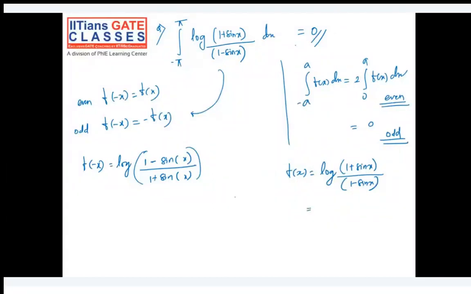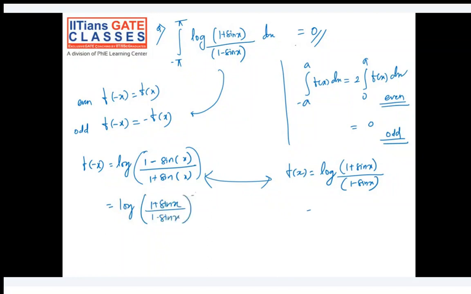See, 1 upon x, can I write 1 upon x is equal to x raised to the power minus 1, right? I can write it. So in the same way, what I have done is just rearrange the numerator and denominator and take an inverse of it. And we know log of a raised to the power b is b log a.